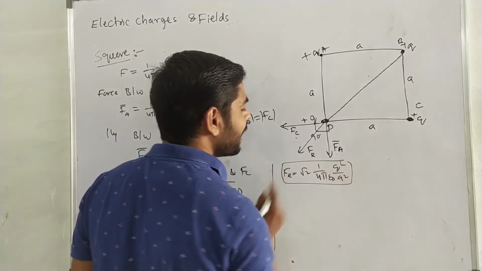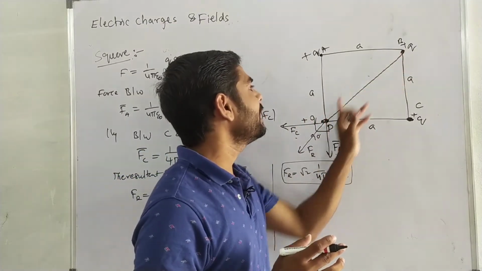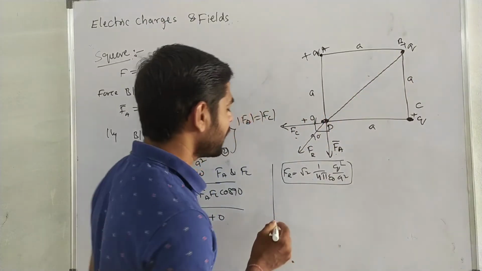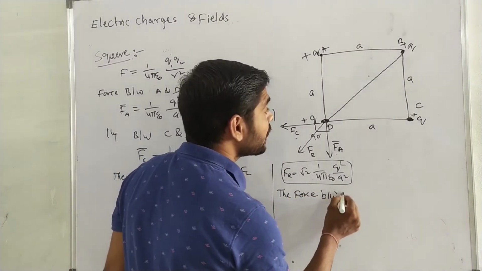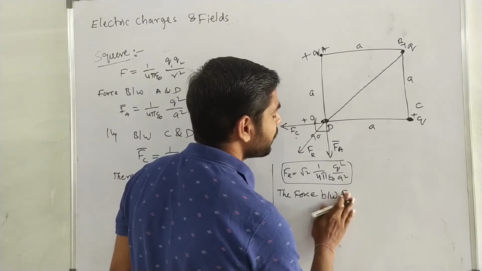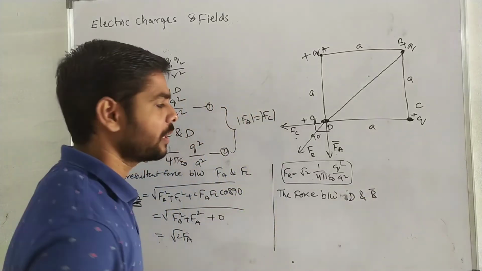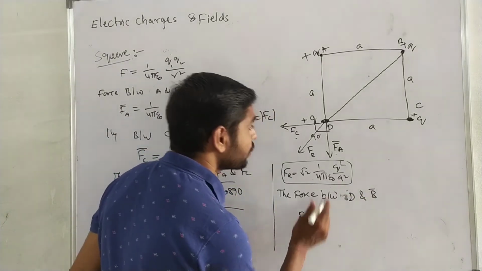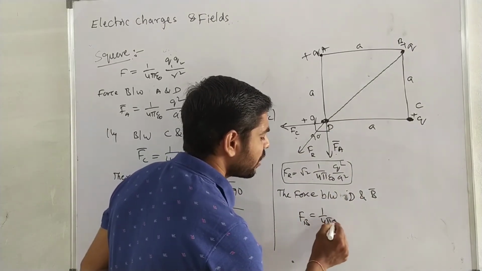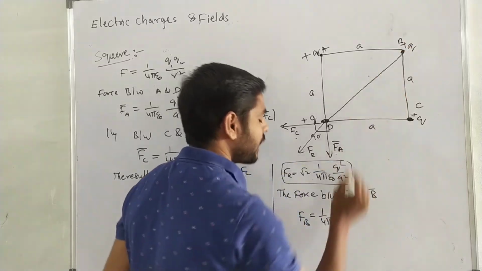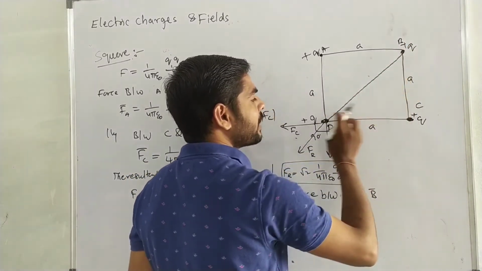So we got this, and this is not the final resultant force, since there is one more acting force between D and B that we have to calculate. The force between D point and B point: let us assume FB is equal to 1 by 4 pi epsilon naught into the charges they carry, Q square, by the distance, and only the distance changes here.